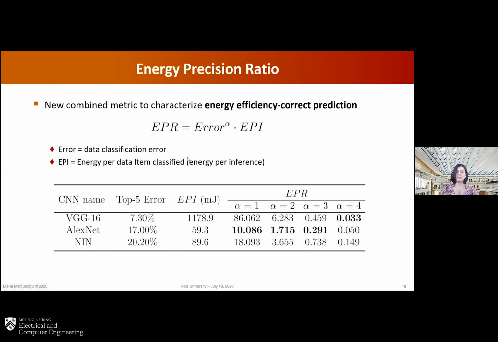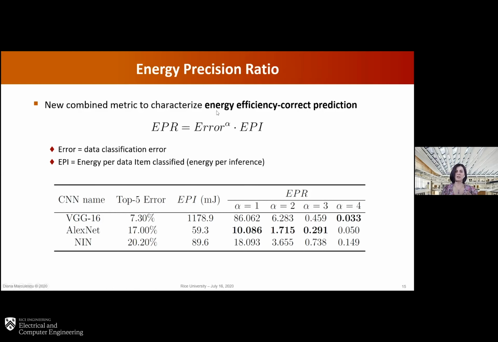We define the energy precision ratio as the product of classification error and energy per inference, or energy per serving, for example. And we also have a coefficient here, alpha, that can vary. If you increase its value, it's going to give more importance to classification accuracy as opposed to energy per inference.